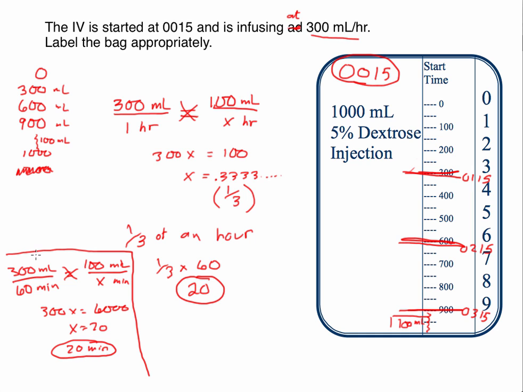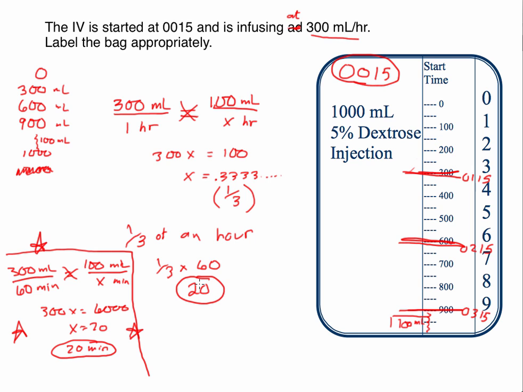The reason why I might recommend this bottom one here is because students will incorrectly, when they solve for hours, round this to 0.3. Not 0.33333 repeating, but just 0.3. And if you take in your calculator 0.3 and only 0.3 times 60, you don't get 20, you get 18.